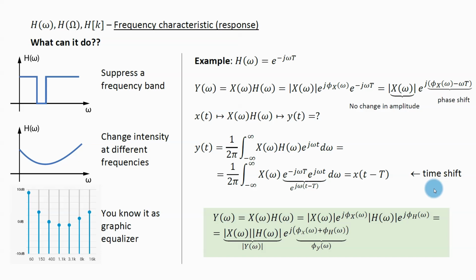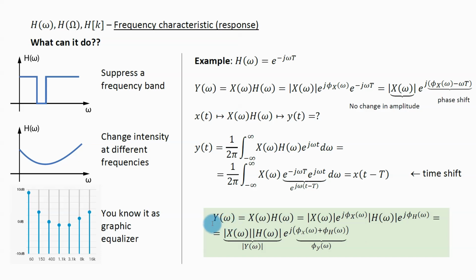Overall, the frequency response can introduce some change in amplitude and phase of my spectrum. And here I will show you how this can happen simultaneously. So here I have the spectrum of my original signal, and here I multiply it with the frequency response. And the spectrum of my original signal has some magnitude and phase, so I can write it like this. And the frequency response also has some magnitude and phase, so I can write it like this. Now I can combine these two magnitudes here, and I can combine these two exponentials here.